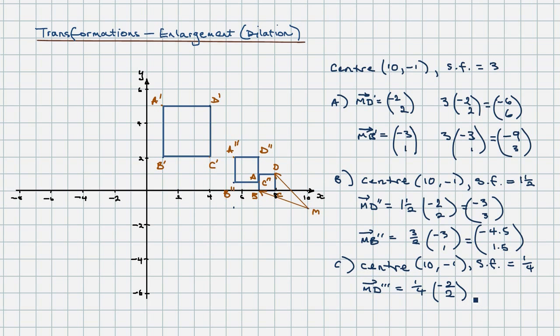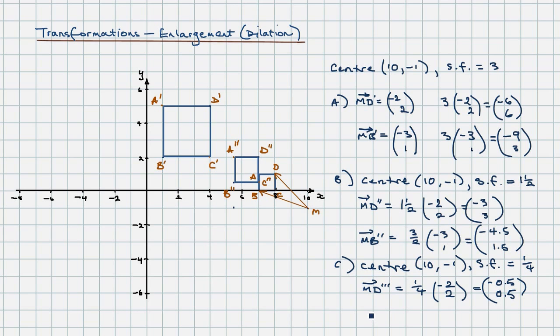That's going to give us 1/4 of minus 2 is minus 1/2, or 0.5. And 1/4 of 2 is going to be just 0.5. Okay, so that's M to D prime prime prime.